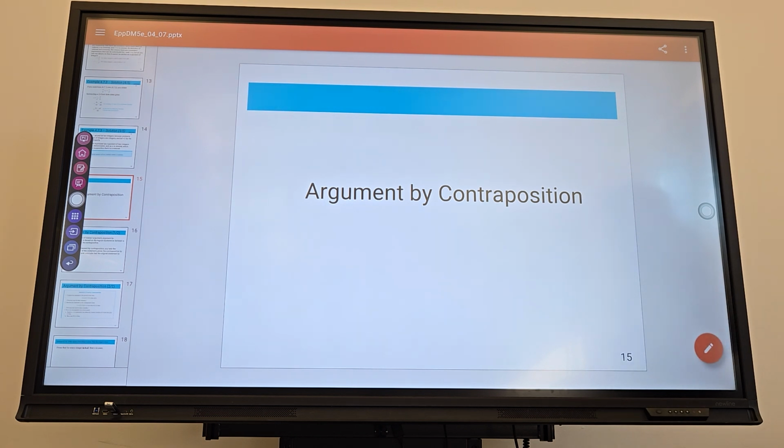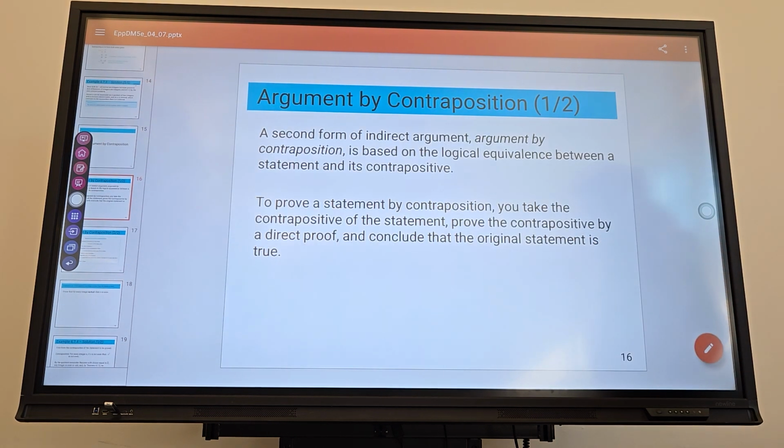Argument by contraposition. A second form of indirect argument, argument by contraposition, is based on the logical equivalence between a statement and its contrapositive. To prove a statement by contraposition, you take the contrapositive of the statement, prove the contrapositive by direct proof, and conclude that the original statement is true.